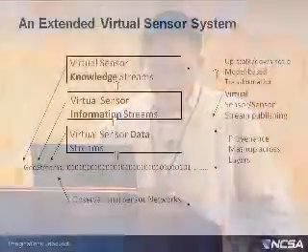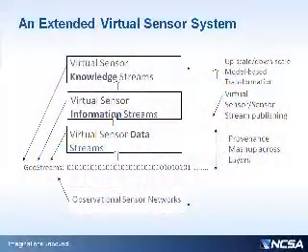And once we progressed on the study, we realized that an extended virtual sensor system is a better conceptual framework to encompass all the needs we actually need to meet.